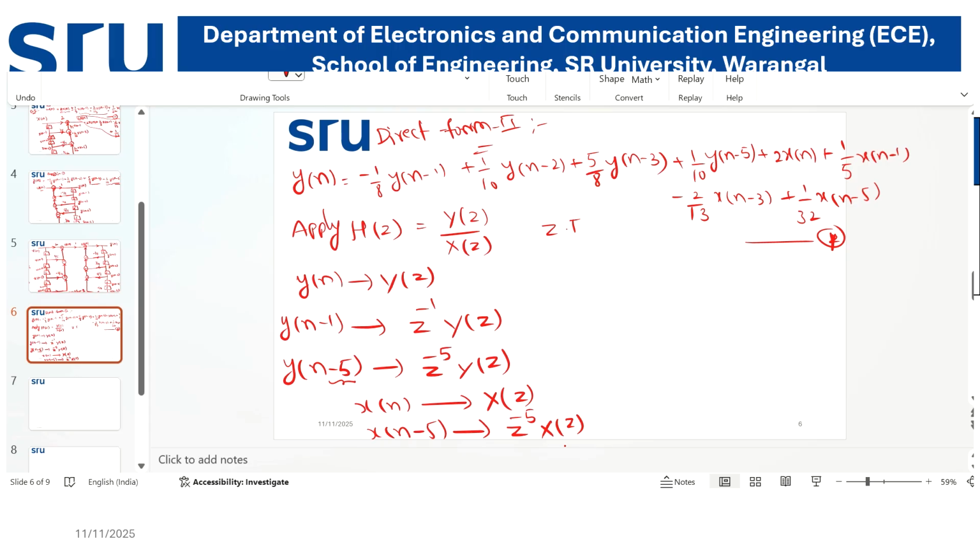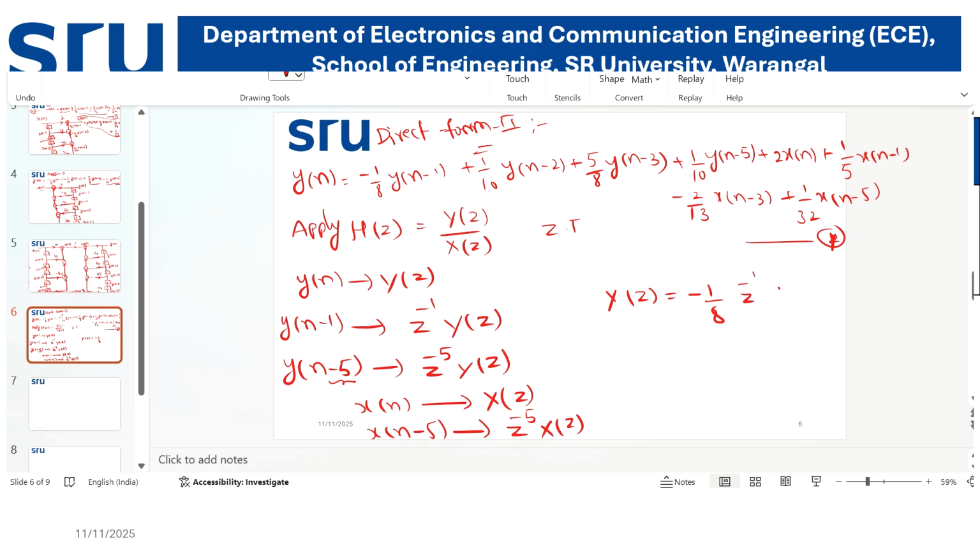Now applying the same on the expression number 1, then we will have Y(z) is equal to, so constant is not at all affected by the z transformation. If we are applying the z transformation, constant will be constant itself. So this is our linear constant coefficient difference equation.